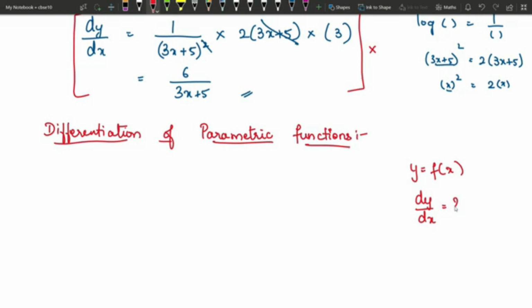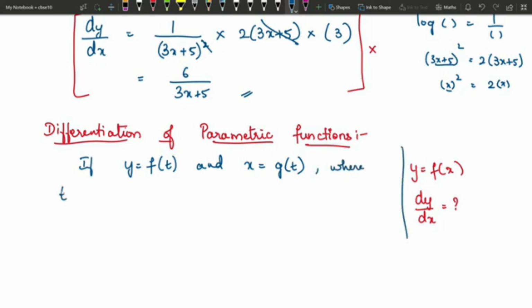Suppose you have both y and x expressed in terms of a third parameter, that is, if y is a function of t and x is also another function of t, where t is a parameter.